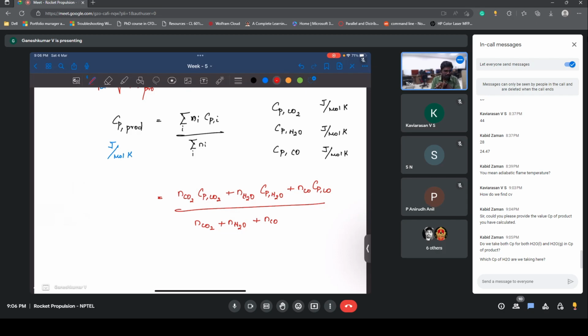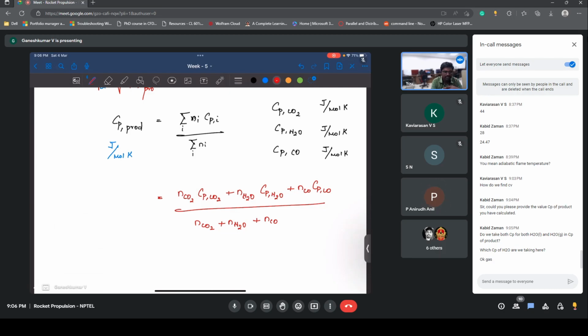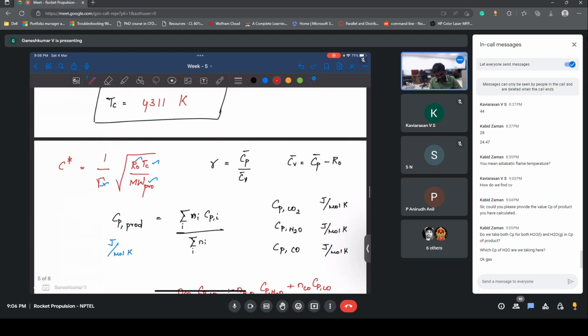So there's a doubt, sir. There are two Cps of H2O. Which one to take? See, in the product species at the end of combustion, will you have gas or liquid? Gas. So you need to take Cp of gas. Basically, think about where we apply this formula.